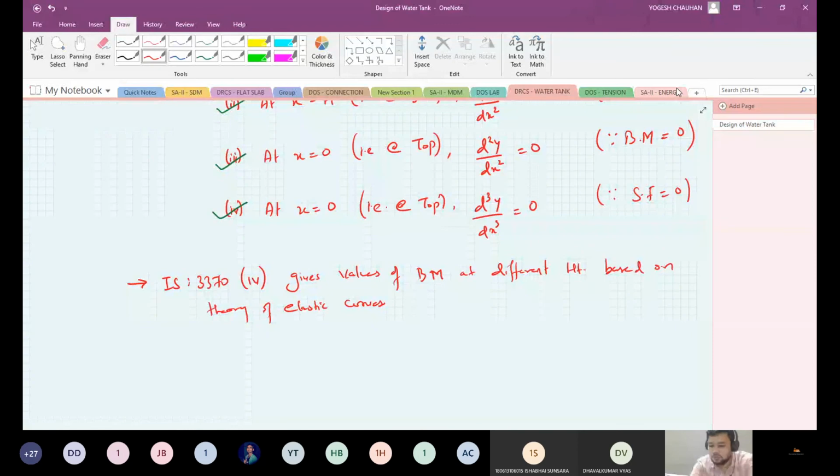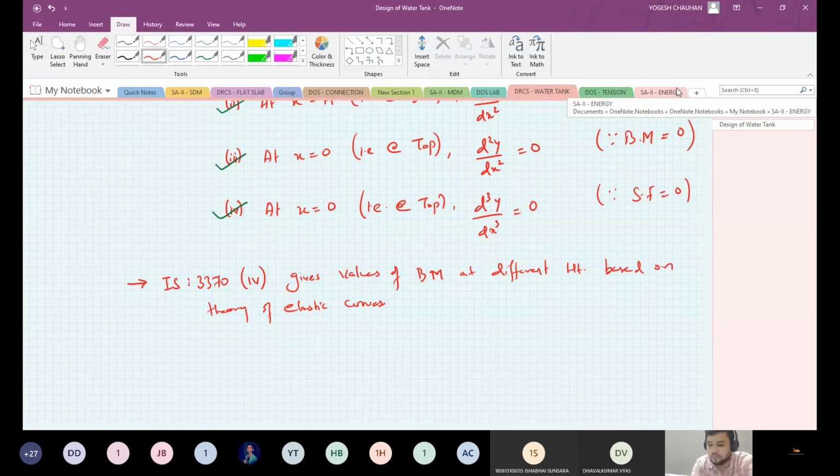A sample of this I can show you. The samples of these are given in the material I have provided to you.